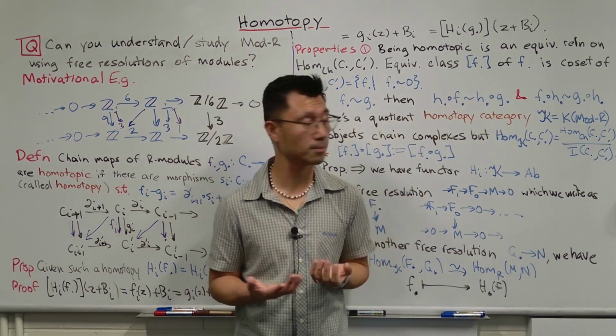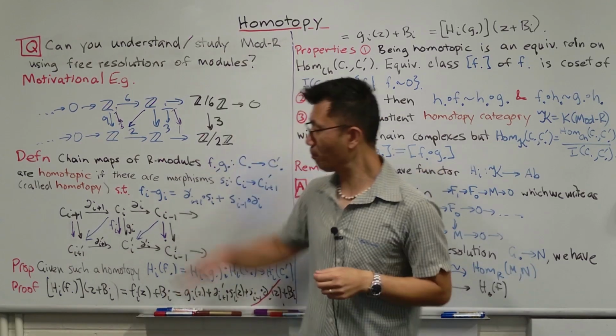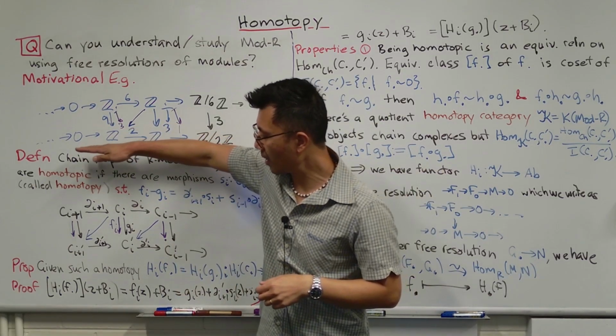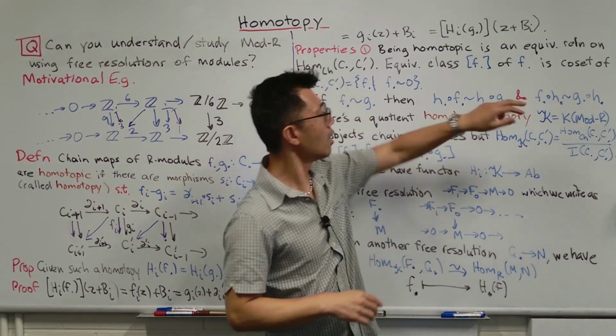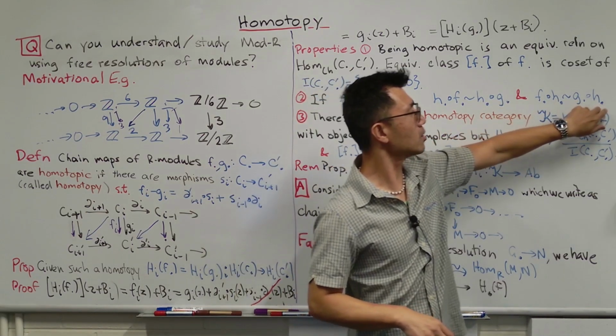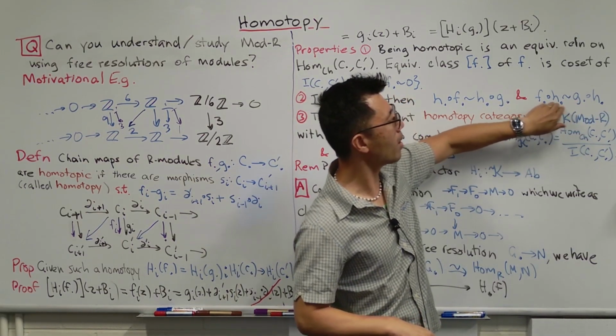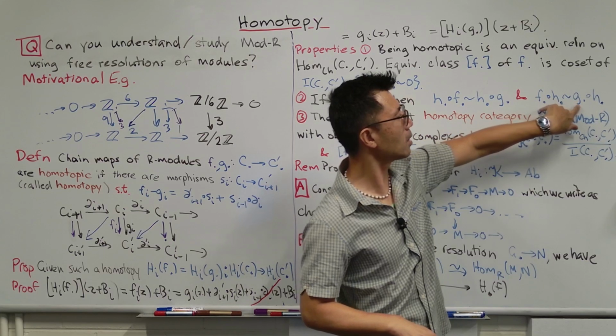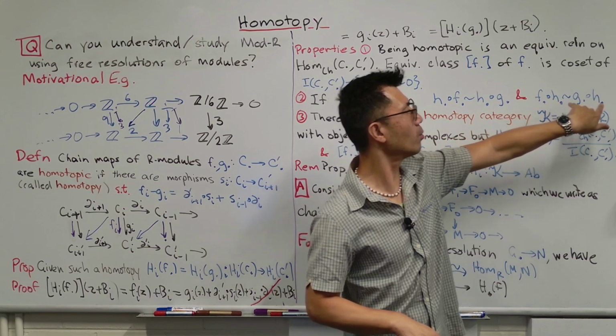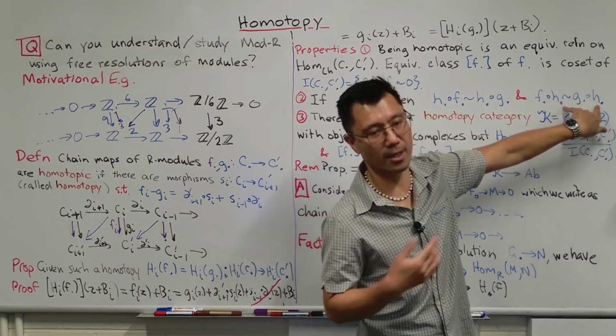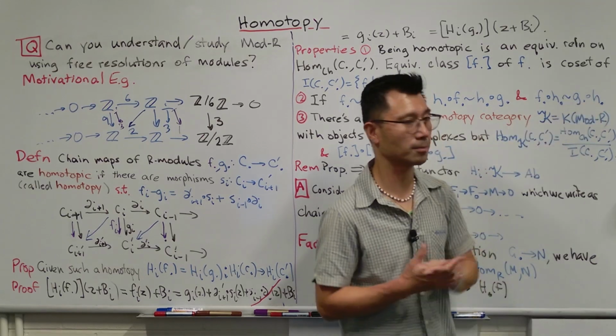And the answer is yes. What happens if you pre-compose? You have another chain map from here to this C, let's call it H dot as well. Then if you pre-compose homotopic chain maps with some chain map, they're still going to be homotopic.